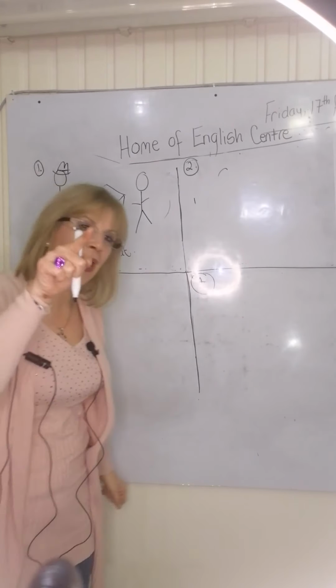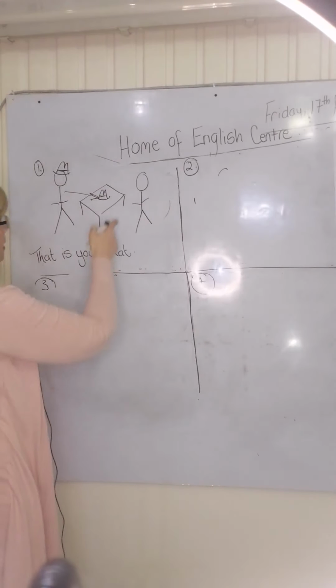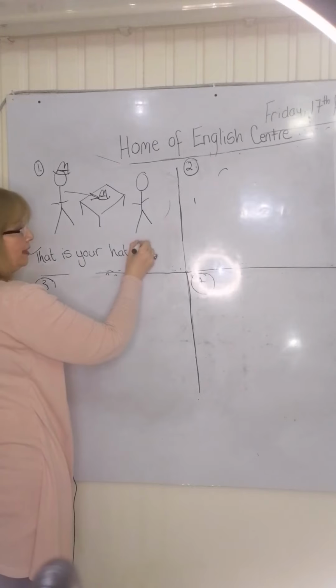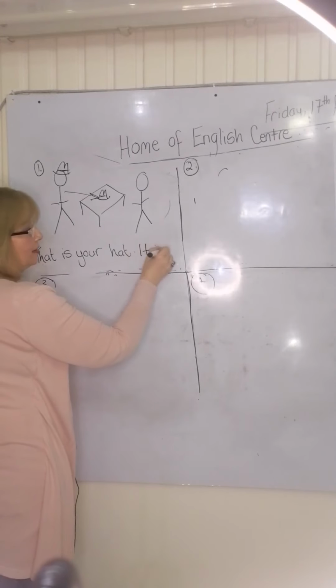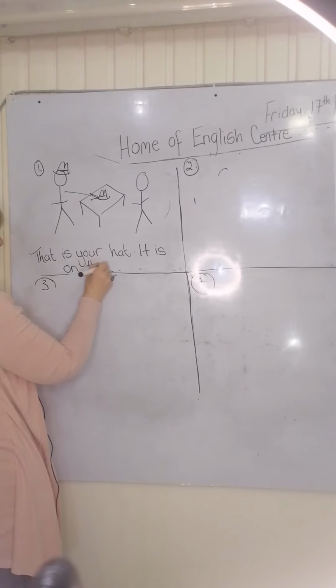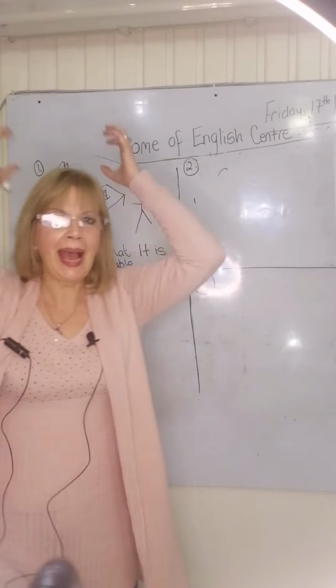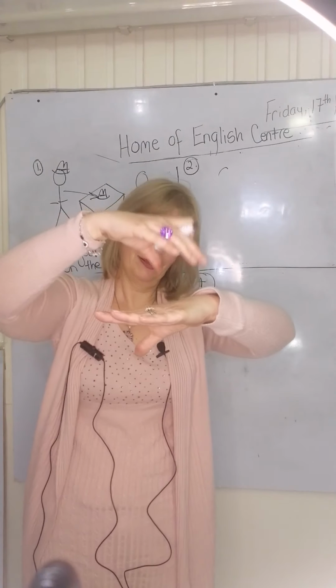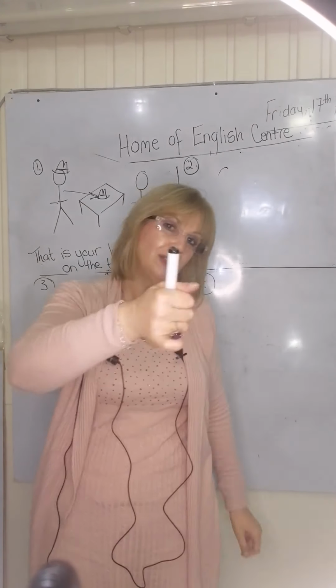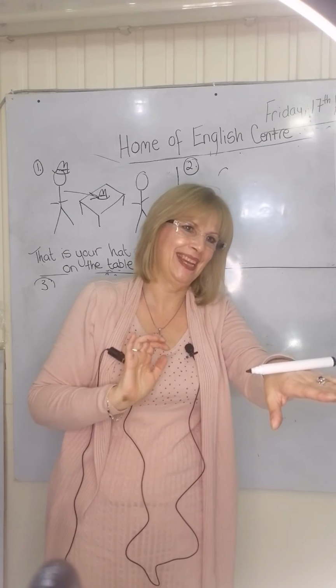That is your hat. It is a hat for you. And he's speaking to his friend. It is on the table. So the hat is on the table. It's not in the table, it is on the table.